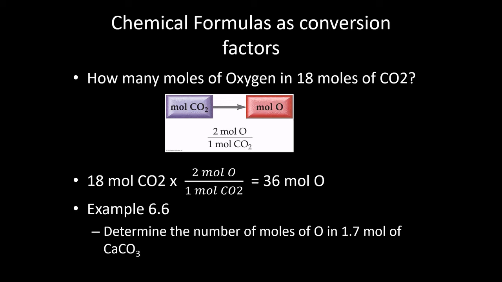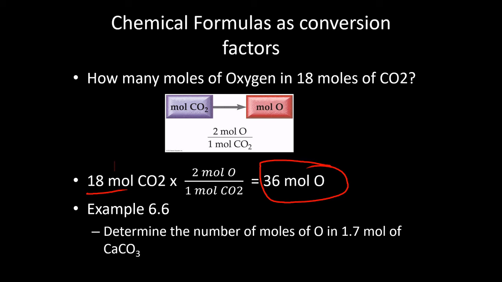And so we can apply this to any number of moles of CO2. So as you can see here in this example, if we have 18 moles of CO2, we just apply the ratio that is inherent in the molecule itself, and that tells us that we would also have 36 moles of oxygen. Just 2 times however many moles of CO2 we have, that's how many moles of oxygen we would have in that same sample.